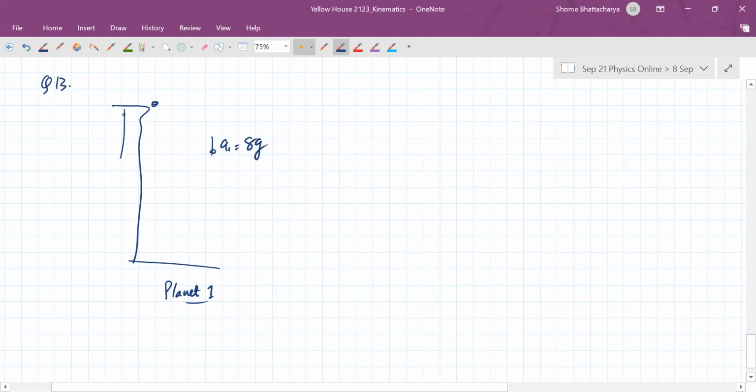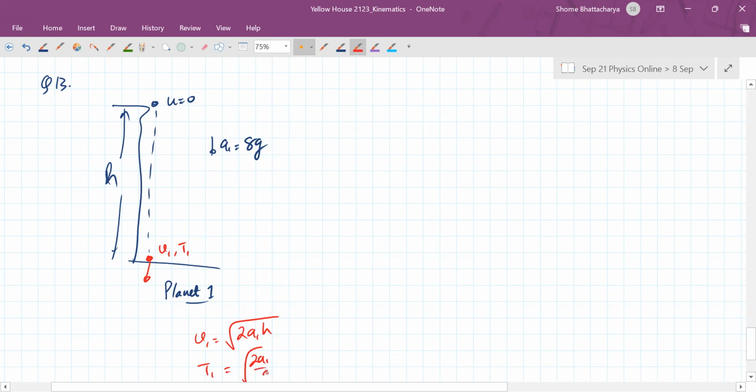Okay, and in that, falling through a height h, starting from rest, let's say this reaches a velocity v1 at a time t1. So our v1 is square root of 2a1 into h. Okay, and our t1 is square root of 2h by a1.